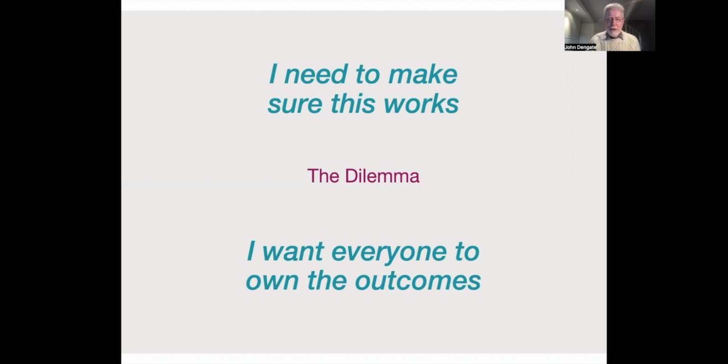A client currently wanted an independent chair, and the independent chair is a fairly forceful, controlling person, you might argue. It's interesting because part of the dynamic about the failure of the collaboration has been the sense that this person is controlling the process and not independent. So, well-intentioned, but again, this need of "I need to make sure this works" overwhelms that desire to have people owning the outcomes, unintentionally but quite powerfully. That control is alive, I guess, at work.